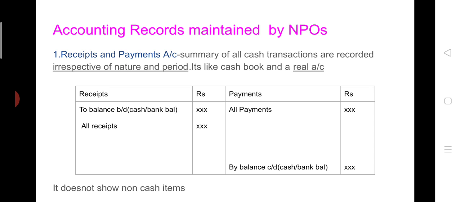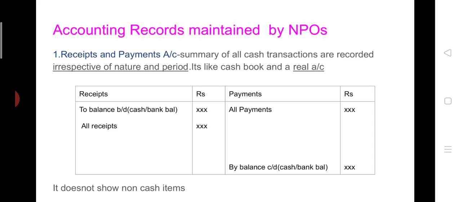Okay, so here, when we prepare the receipts and payments account, just like a cash book, in the receipts and payments account also, we don't see the nature. It may be a capital item, it may be a revenue item. Okay, both types of items will be recorded if there is cash inflow or outflow. Clear? If cash is coming or if cash is going out, you simply enter it in the receipts and payments account.